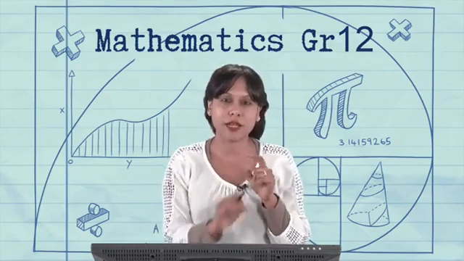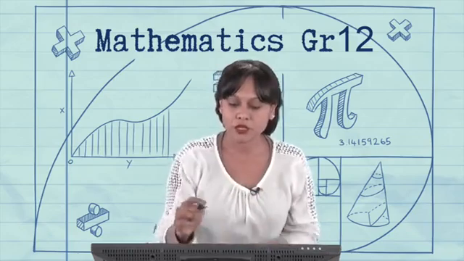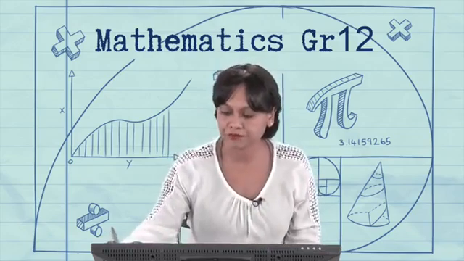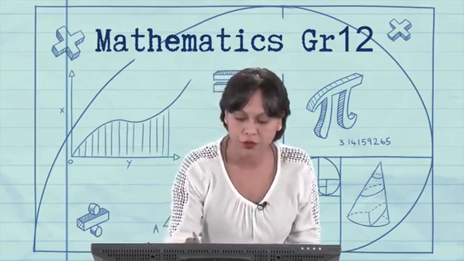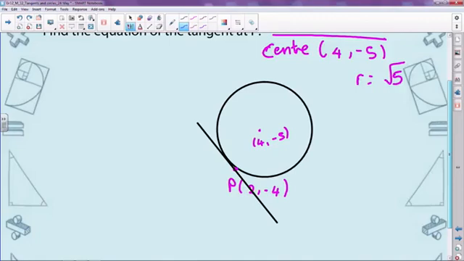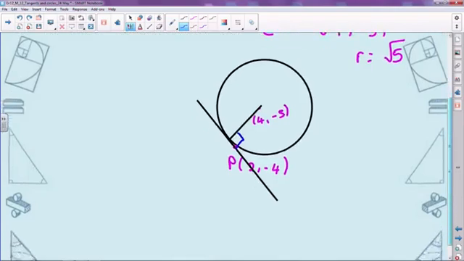Looking back at your drawing, we've got the point (4, -5), and we know the radius is perpendicular to the tangent, so the angle between the two lines is 90 degrees. We've set up all the information and drawn it on our diagram.